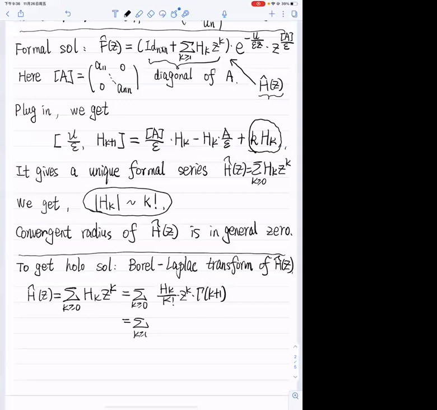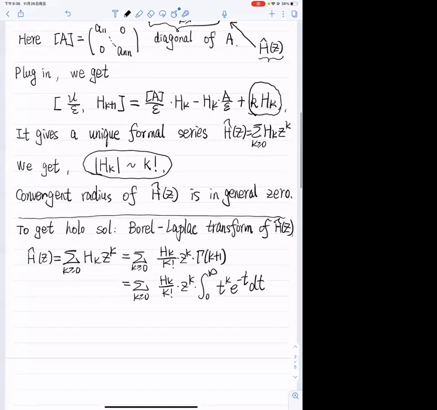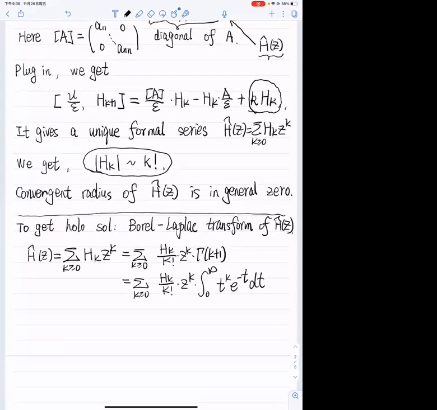What I get is hk over k factorial times the integration from 0 to infinity of t to the power k, exponential minus t, dt. And then I formally shuffle taking the summation and the integral.